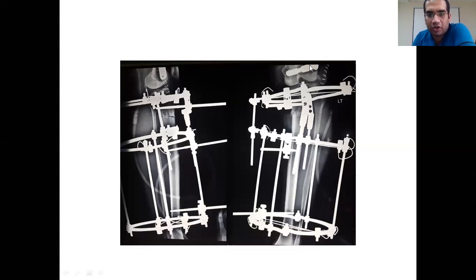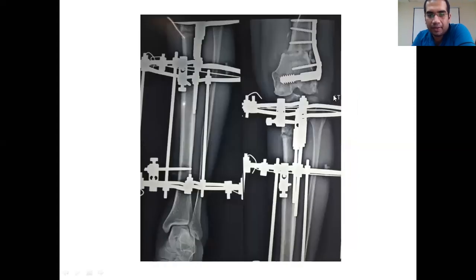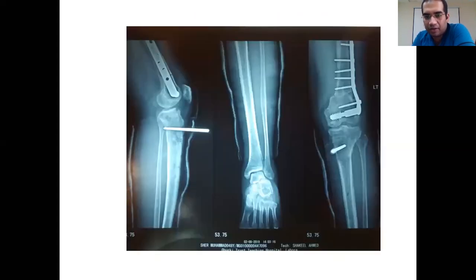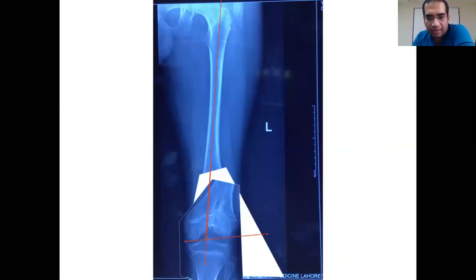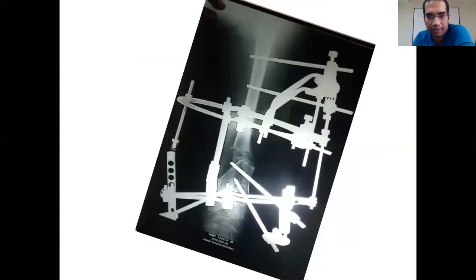Again, a rule 3 osteotomy was done. Rule 2 osteotomy was done, which resulted in correction of both the axis and the orientation. This case we already discussed. This was the planning, translation, as well as distraction was done. And you can see the deformity corrected.